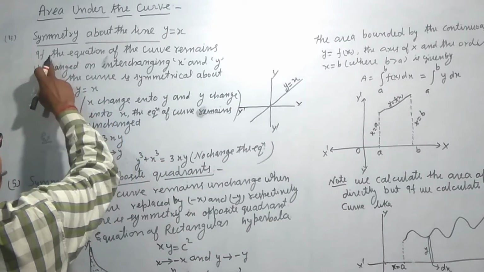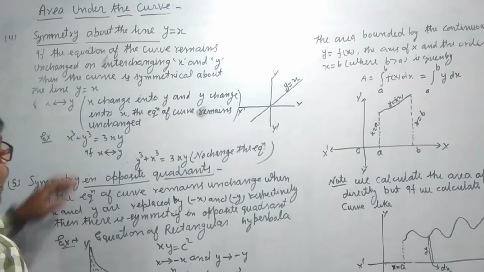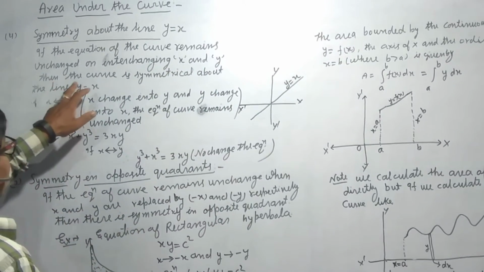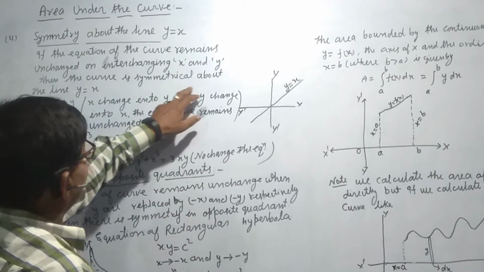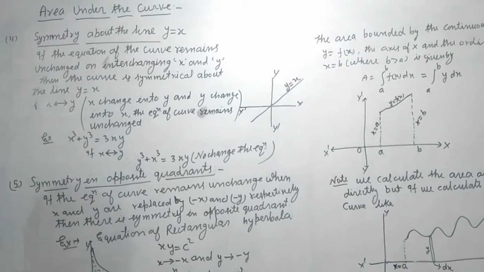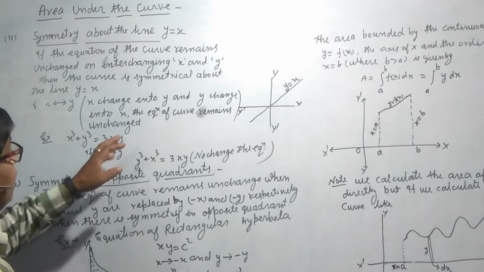So if the equation of the curve remains unchanged on interchanging x and y, then the curve is symmetrical about the line y is equal to x. It means that if y is replaced by x and x replaced by y without changing the equation of the curve, then it is symmetry about y is equal to x.